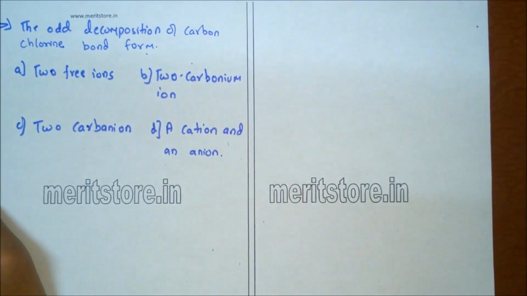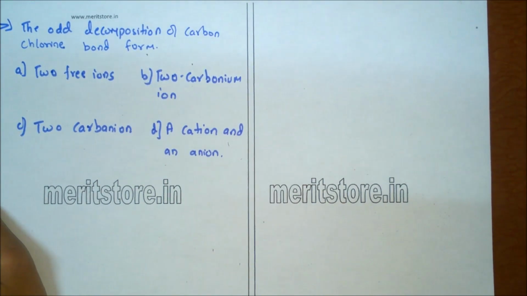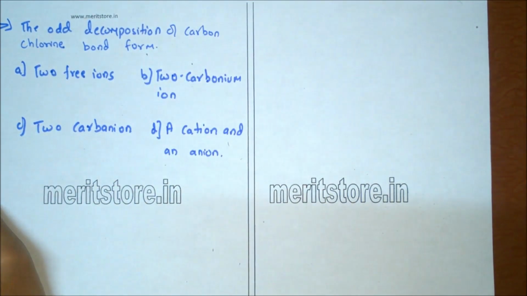The heterolytic decomposition of the carbon-chlorine bond forms: A, free ion; B, carbonium ion; C, carbonium carbon ion; D, a cation and an anion.